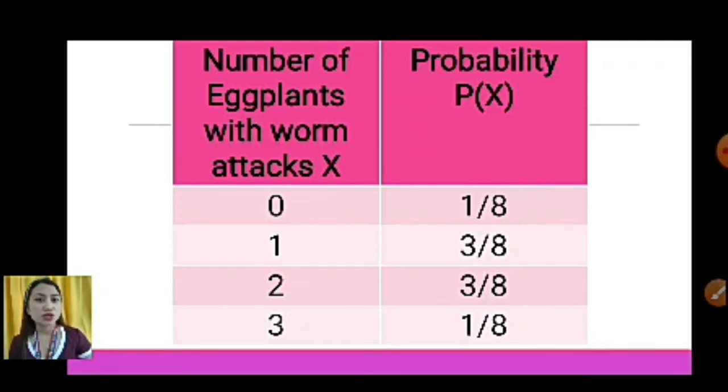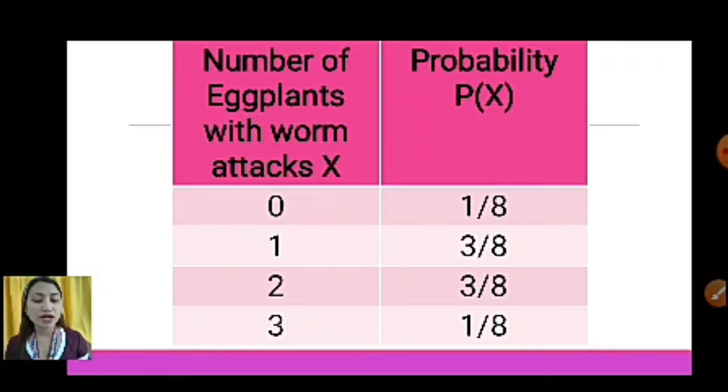The first column is the number of eggplants with worm attacks. The representation of this random variable is capital letter X. The other column is the probability, or P of X. For 0, since there are 8 possible outcomes and only 1 of them had no worm at all, the probability that we assign is 1/8.